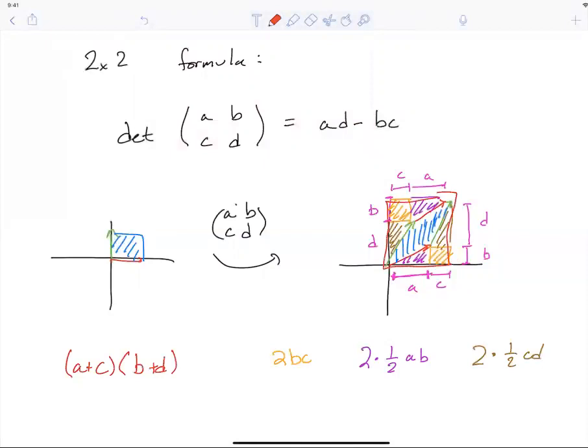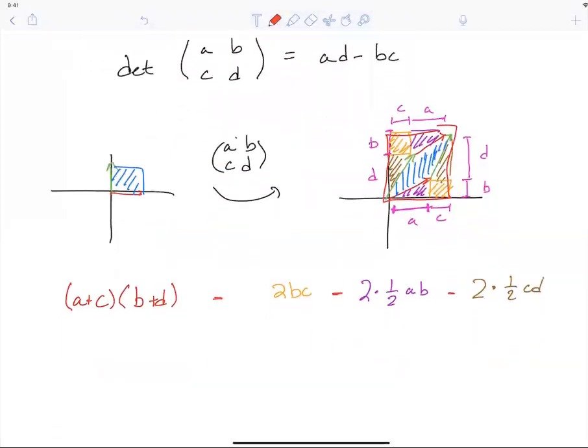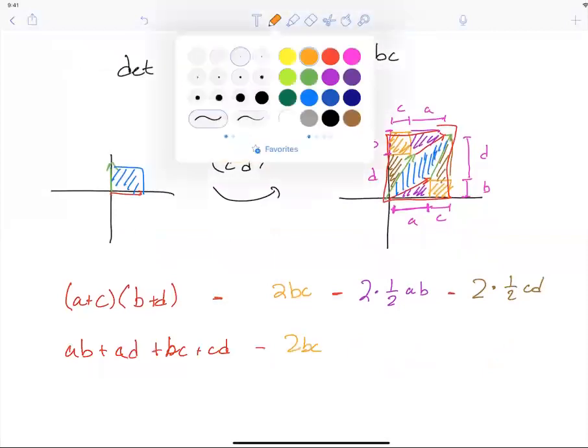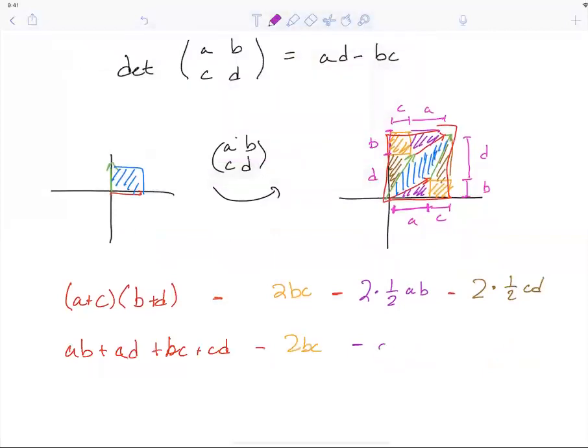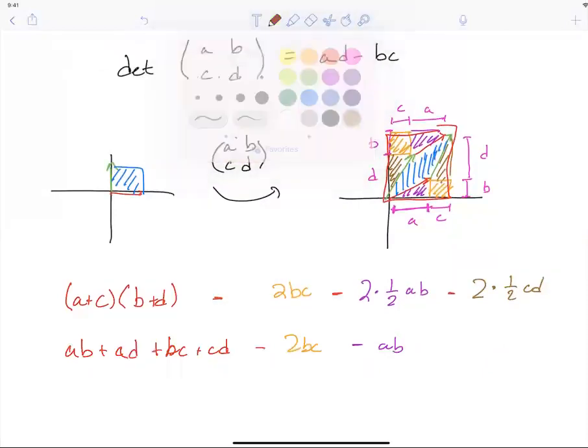And if we subtract off everything else, what's left is just the blue part, just that parallelogram. So if we expand this out, we get AB plus AD plus BC plus CD. We're going to subtract 2BC. We're going to subtract those purple triangles, which is AB, and we're going to subtract CD.